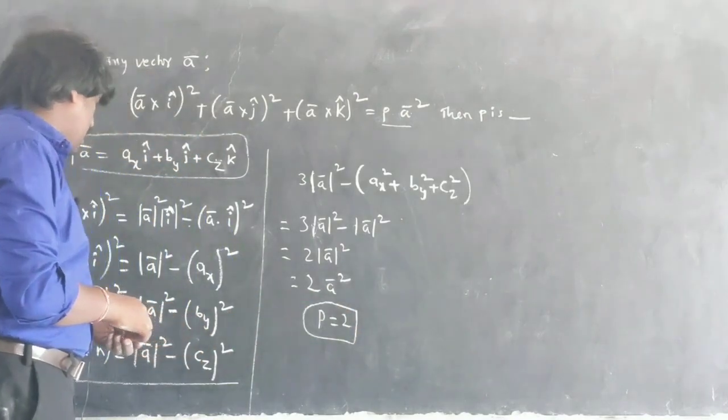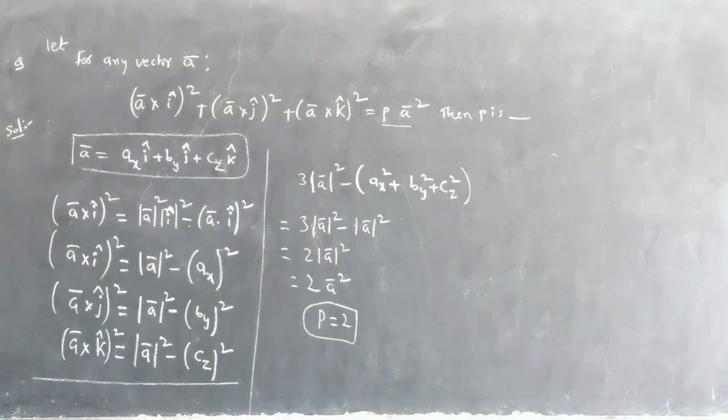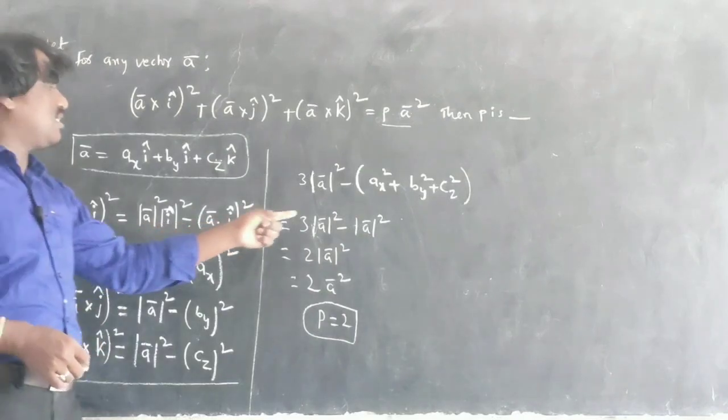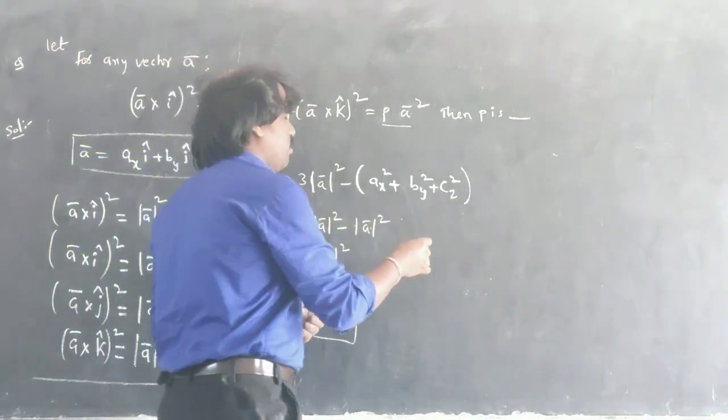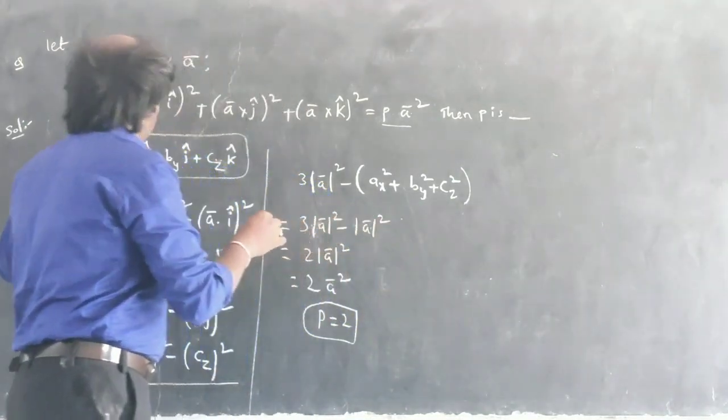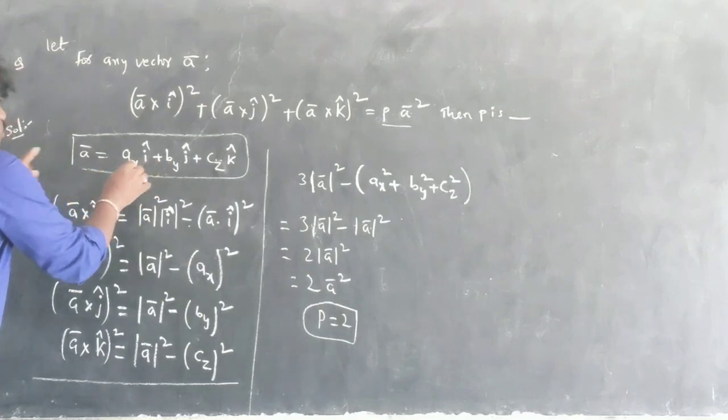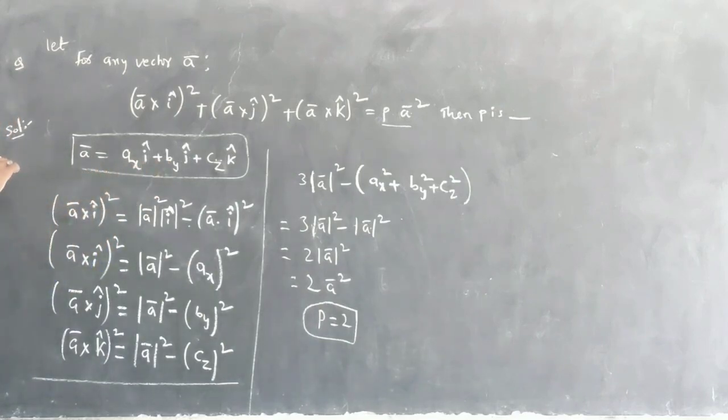Hope you understand. So what I have done here: a vector cross i cap square I wrote, we applied Lagrange's identity, and then we applied the square condition. Then this value is nothing but the mod a square value. Actually, you know this is a vector. What will the mod of a vector be? Mod a vector will be the square root of ax square plus by square plus cz square.